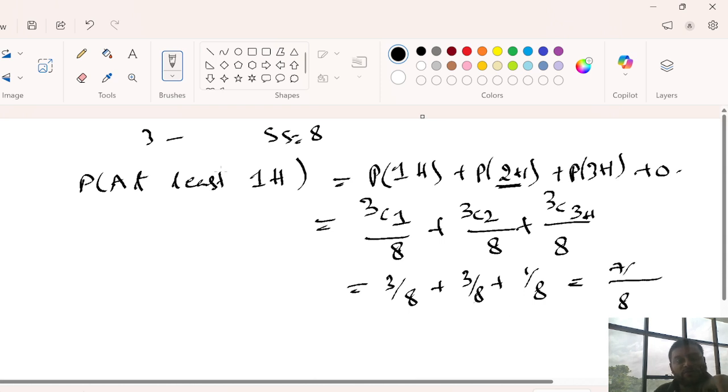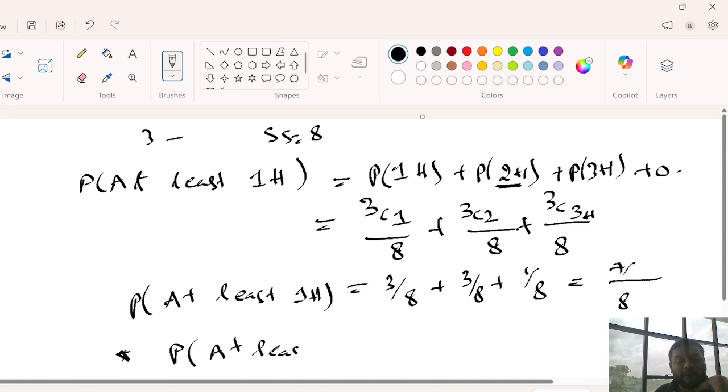So the probability of getting at least one head is equal to 7 by 8. And this question can also be answered like this: the probability of getting at least one head is equal to total probability minus the probability of getting no head.